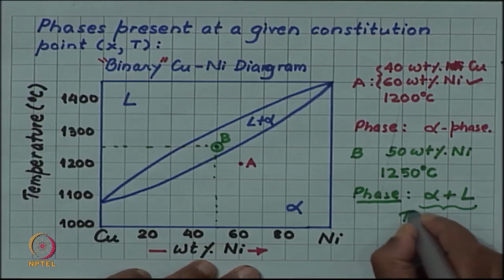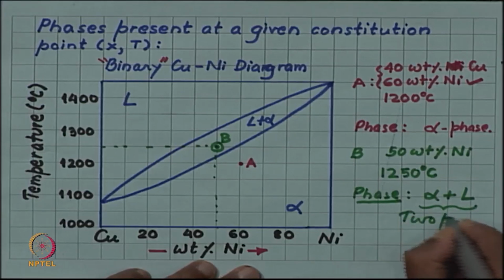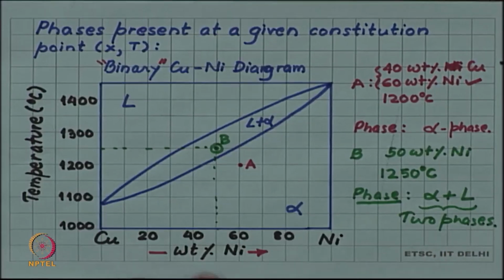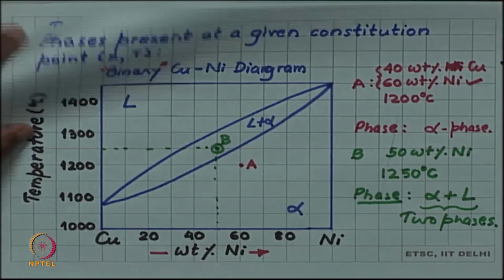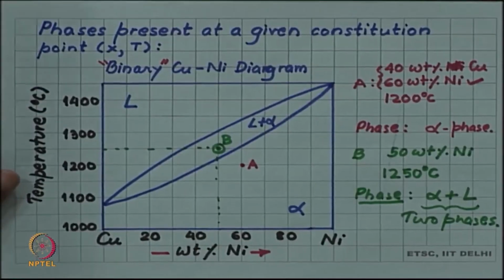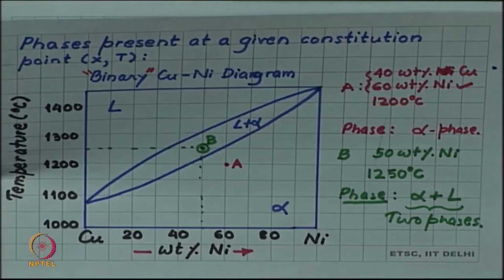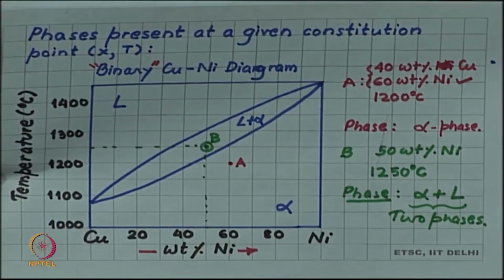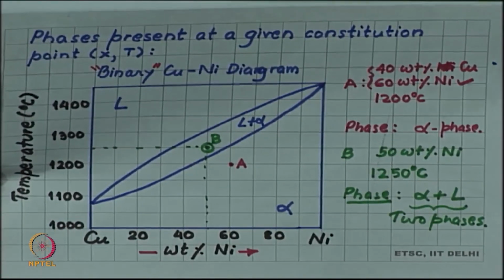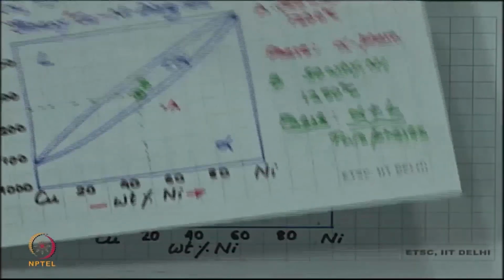So, this is a two-phase structure. This is the basic function of a phase diagram, and this is something which a phase diagram can very easily answer. You just have to plot the point of your interest on the phase diagram and read the phases present.